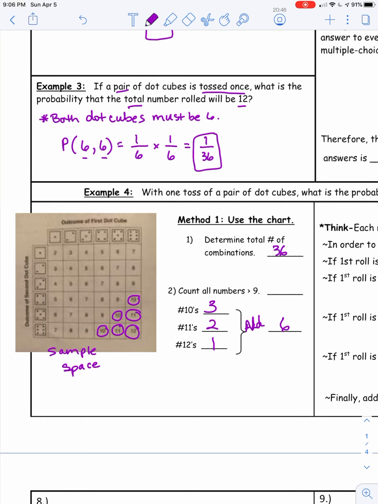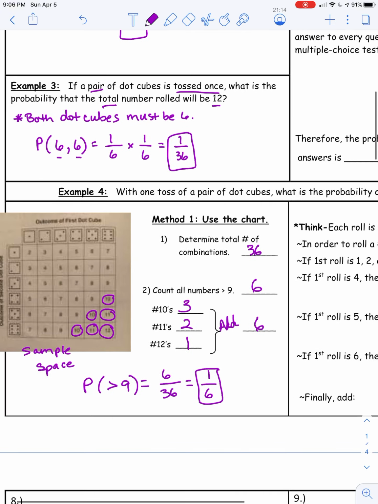So all the numbers that are greater than 9 in my sample space, there are 6. The probability that I would roll a number greater than 9 is 6 out of 36 chances. I can reduce that, and that becomes 1 in 6. And that's the answer to that.